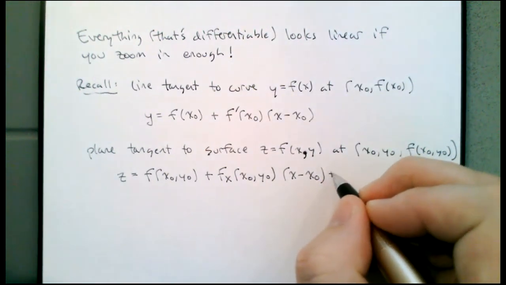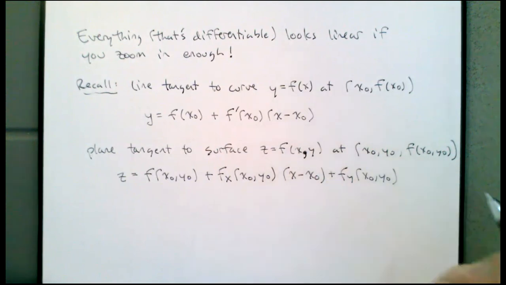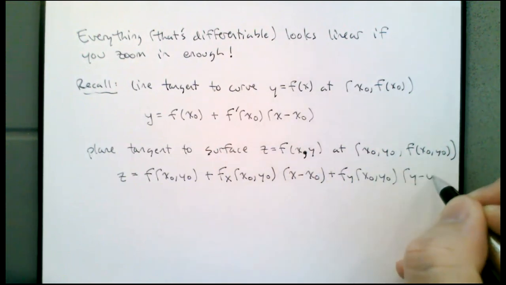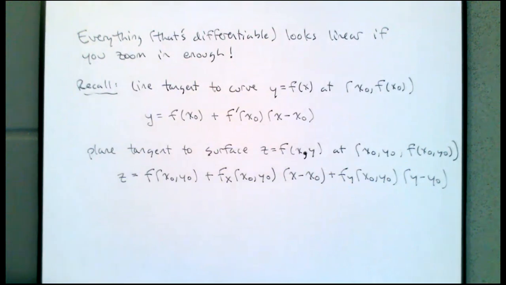And then we also have fy at x naught, y naught times y minus y naught. So we construct the linear approximation the same way we constructed the tangent line. We construct the tangent plane the same way as we construct the tangent line.